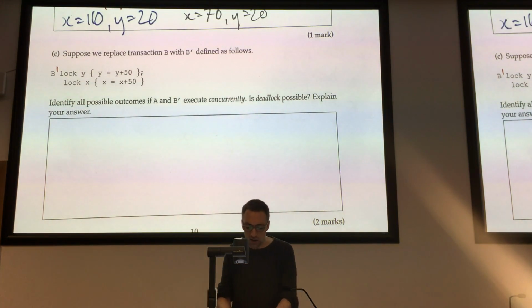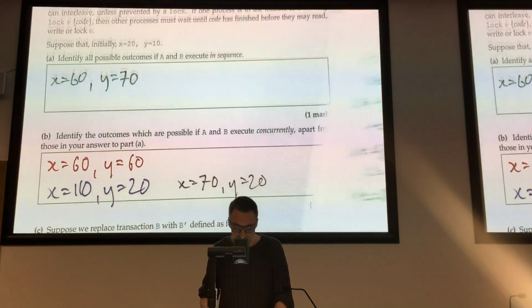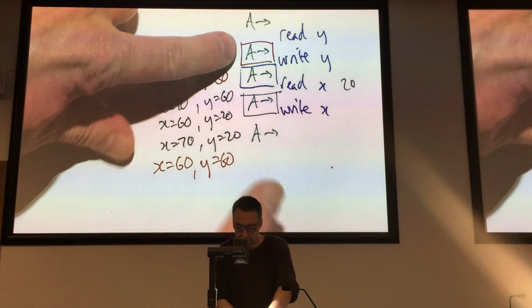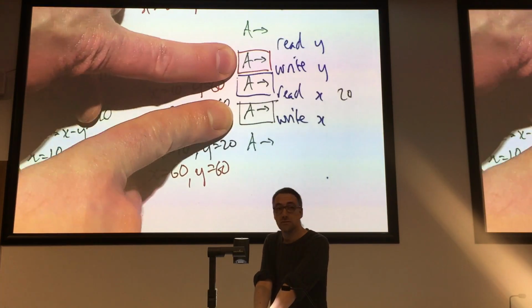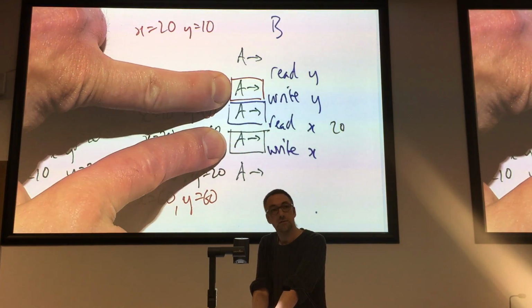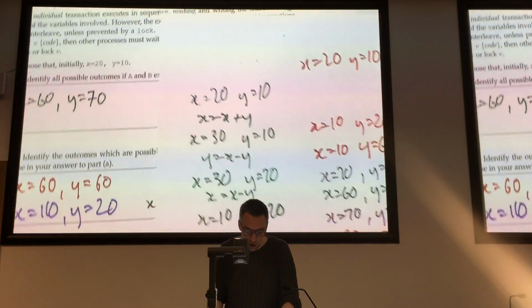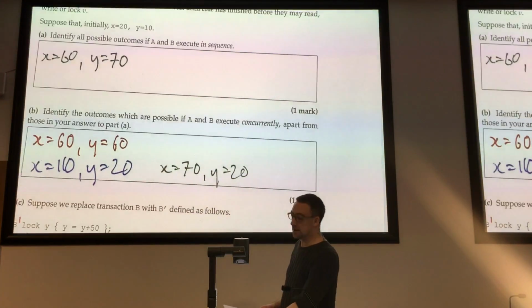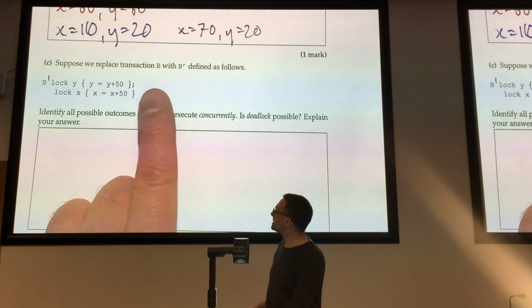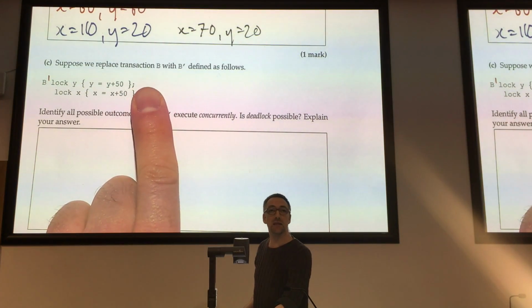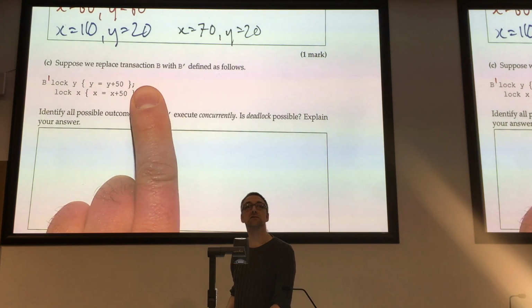Instead, all we've done is to exclude the possibility of these two. However, because there are no locks in the middle, like you see where the semicolon is, in the middle, no locks are held.